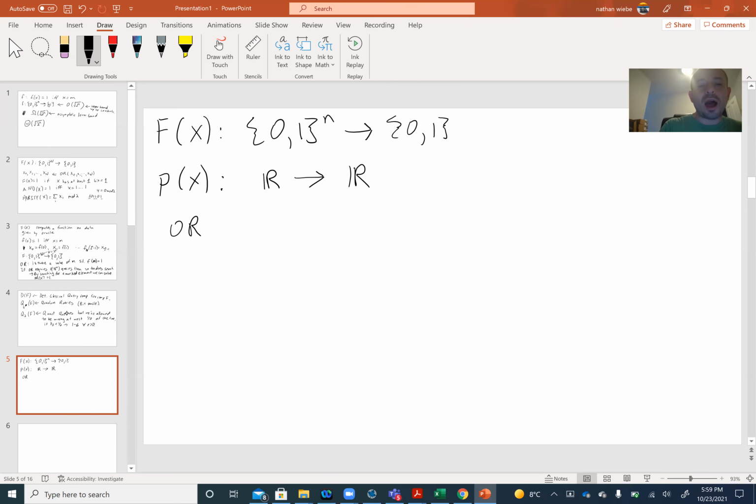Okay, so just to give you an example, let's consider the OR function on 3 bits. The OR function ends up looking like this. We would have, say, 0 here, 1, 2, 3, 4, 5, 6, and 7. Now the OR function is 1 if at least one of the bits is 1.